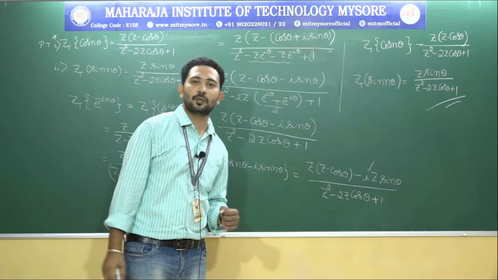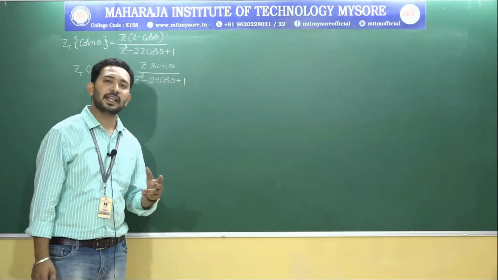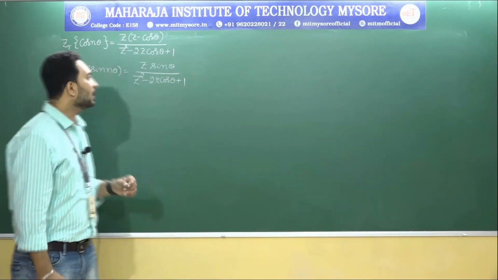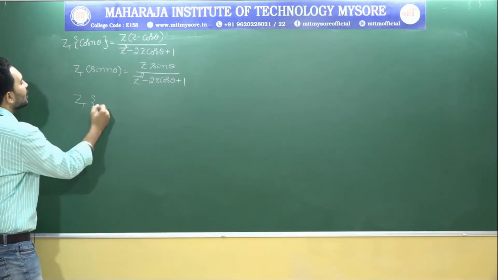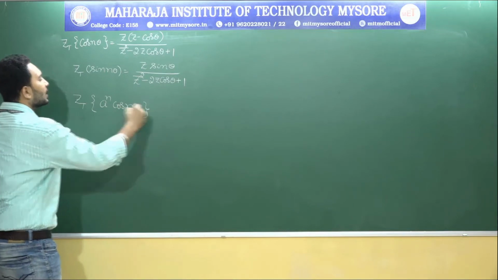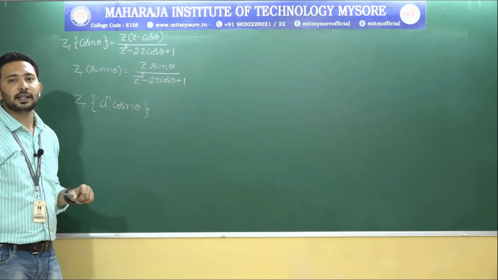So this is the z transformation of cos n theta and sin n theta. In some university question papers, they have asked to find the z transformation of a power n into cos n theta, and similarly the z transformation of a power n into sin n theta.